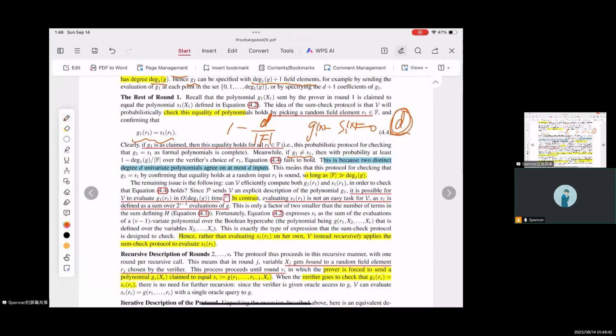So here is the d. This will be the probability: because the size of the field is |F|, d over |F| will be the probability of choosing a solution that makes this equality hold.